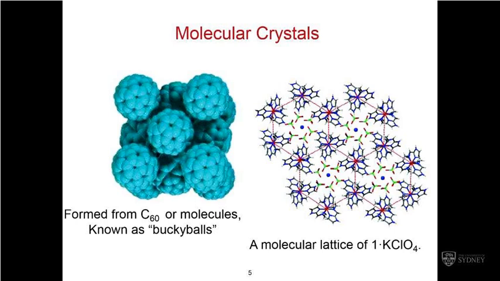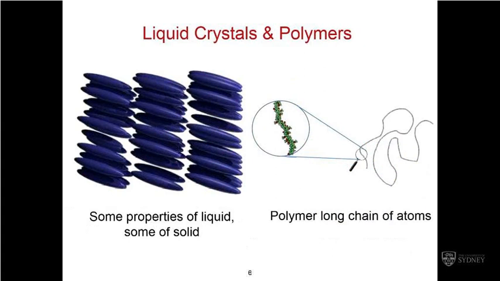Okay, what else have you got? Liquid crystals and polymers. These are some kind of little crystals, but they behave a little bit like a liquid. They are free to move around, and under certain conditions they will become oriented in a particular way, and they become actually ordered.